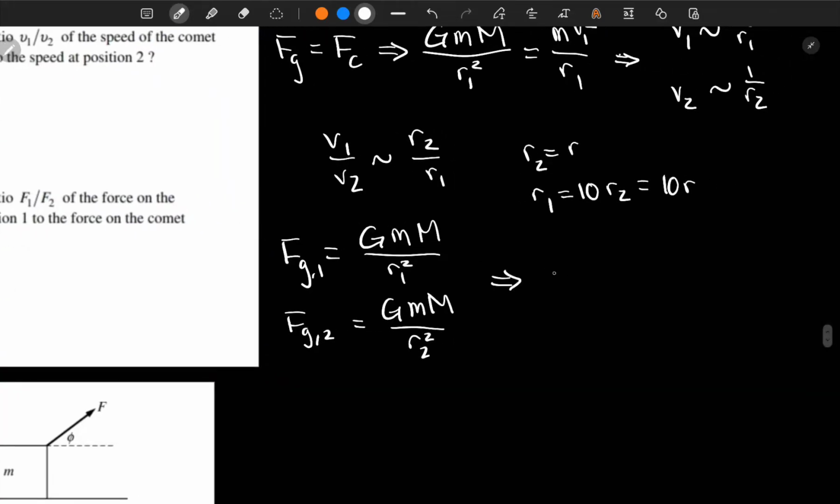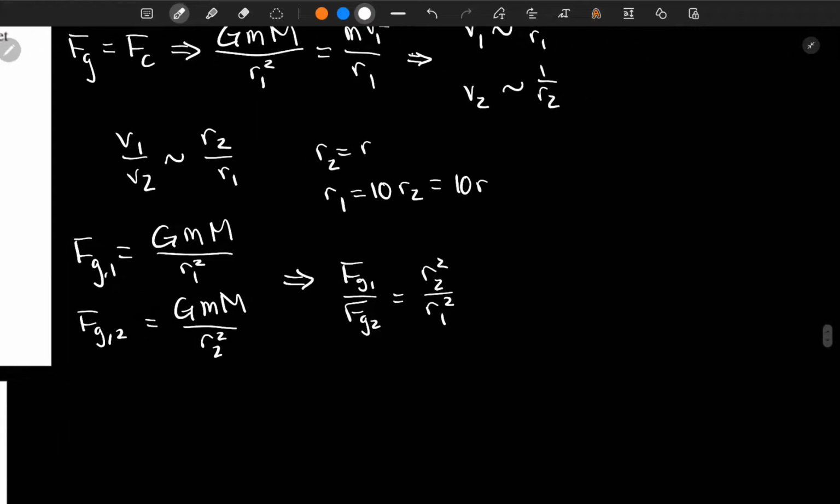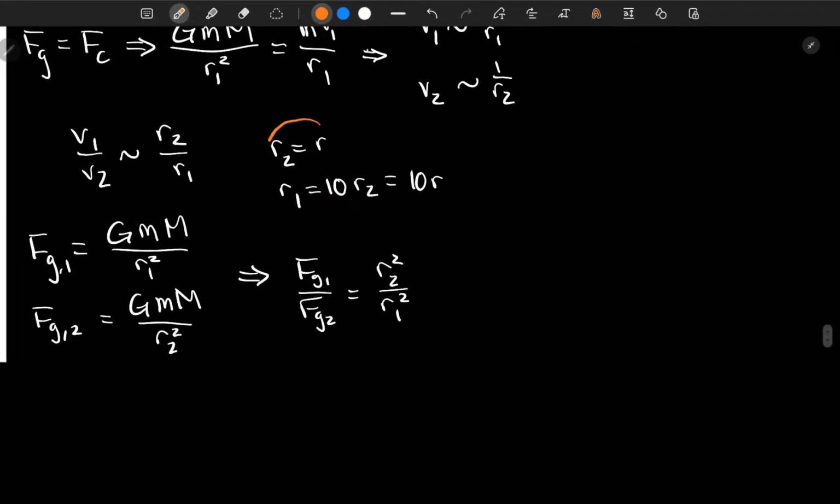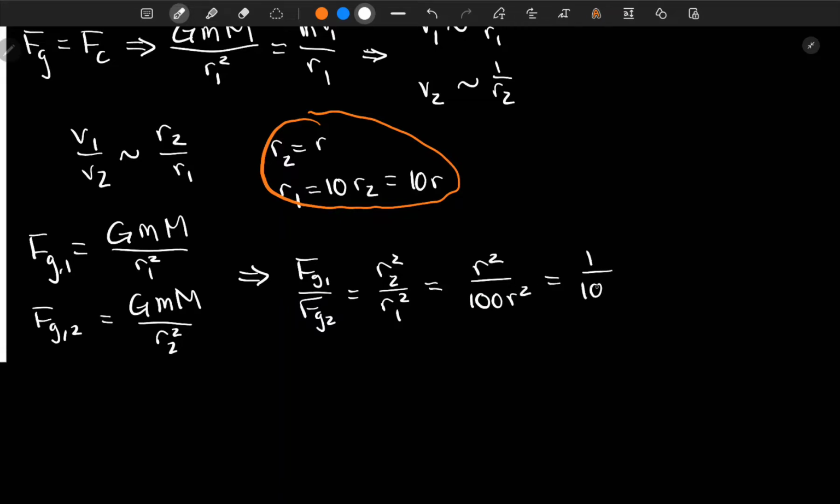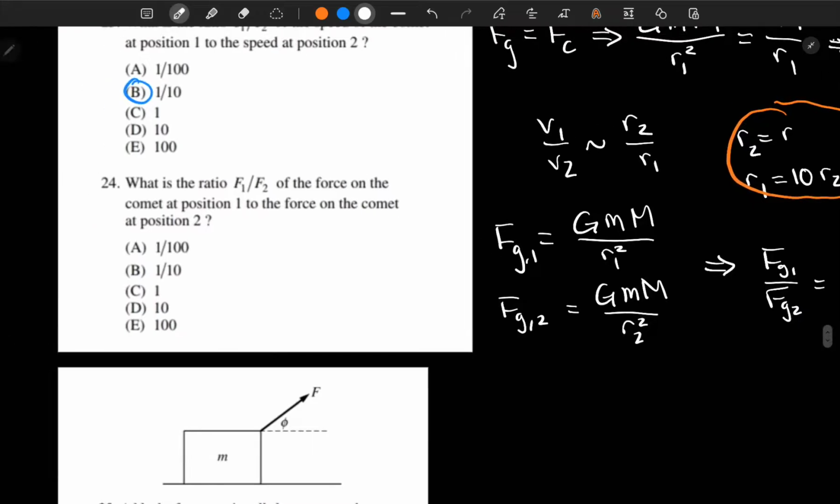So this implies that Fg1 over Fg2 is equal to r2 squared over r1 squared. And using these values for r1 and r2, we find that this is equal to r squared over 100 r squared, which is equal to 1 over 100. So the answer here is A.